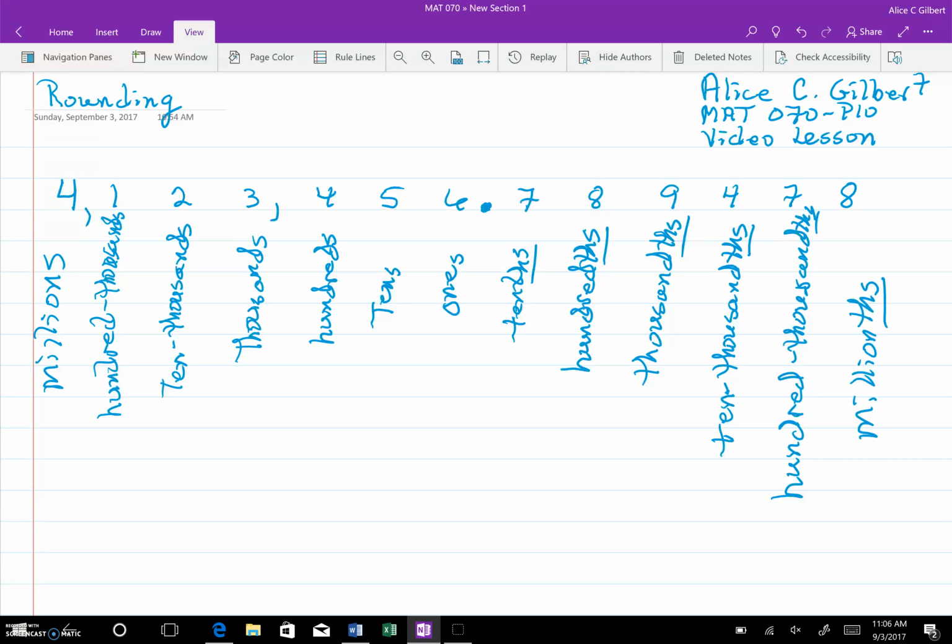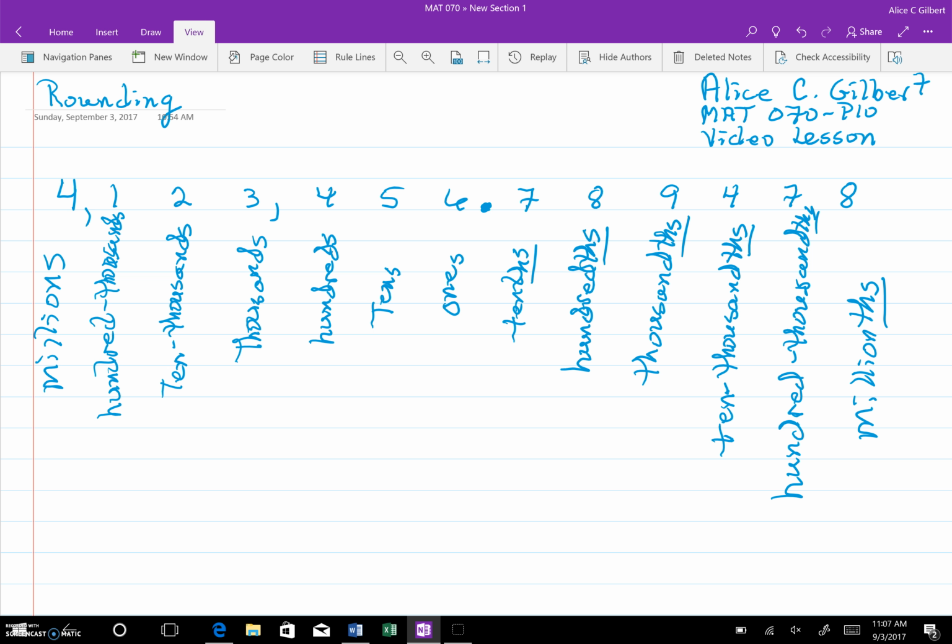So when we put the THS on the end of the word, it means to the right of the decimal point. So the 7 is in the tenths place. You see we've got the tens on the left and the tenths on the right. Again, there's no such thing as once to the right of the decimal. We start with tenths. But everything else is pretty much exactly the same.